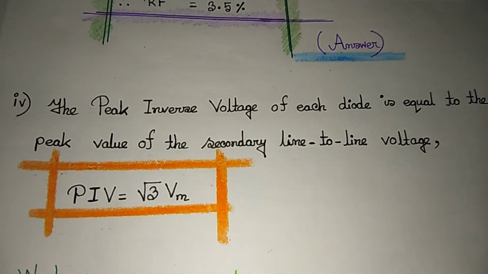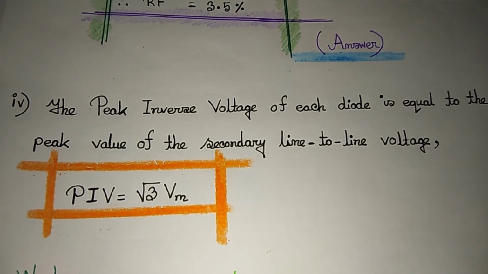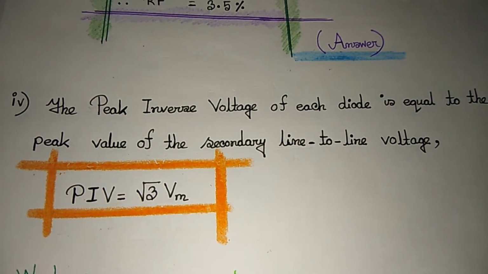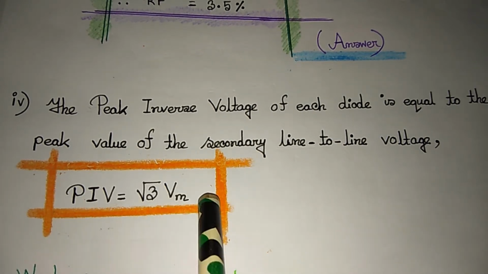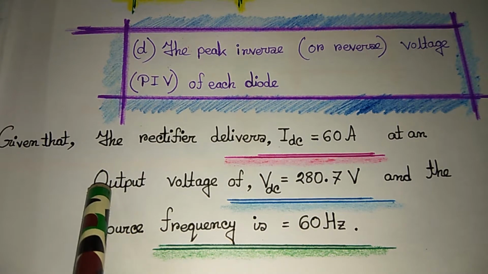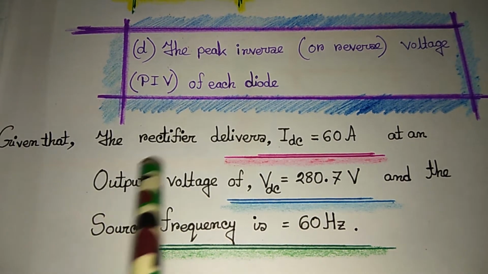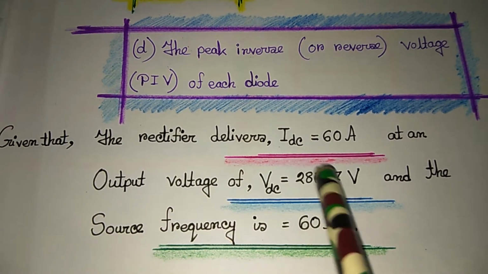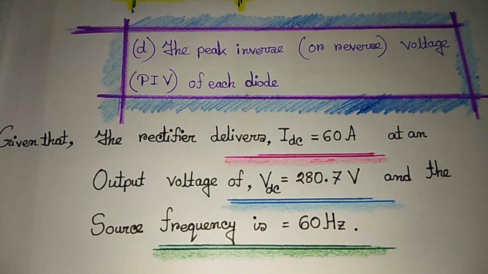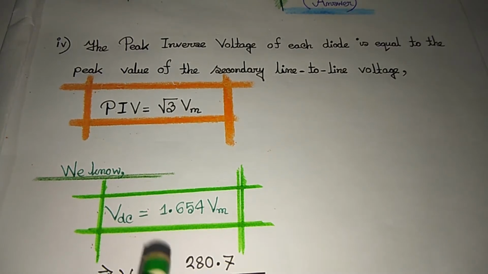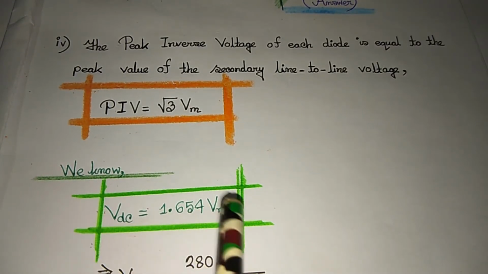And finally, I am going to calculate the peak inverse or reverse voltage of each diode. For solving this, I need one equation, and that is peak inverse voltage PIV equals √3 into Vm. But in our question paper, it was given that output voltage VDC equals 280.7 volt. But the peak phase voltage Vm is not mentioned here. But we know that there is a relation between VDC and Vm.